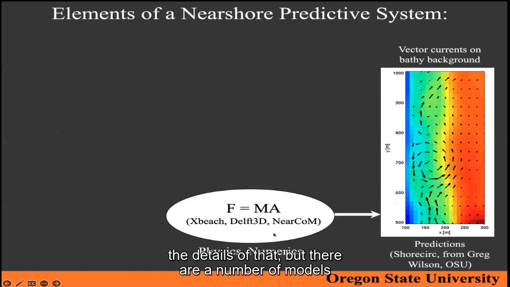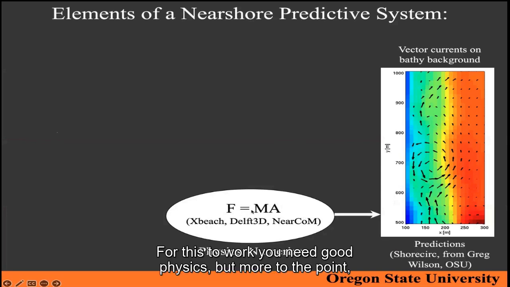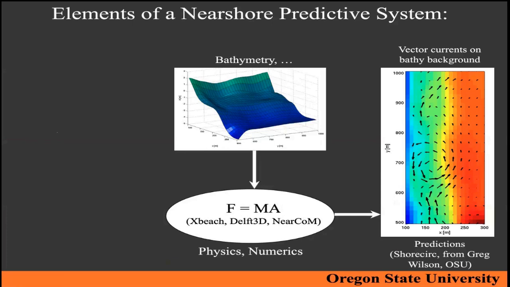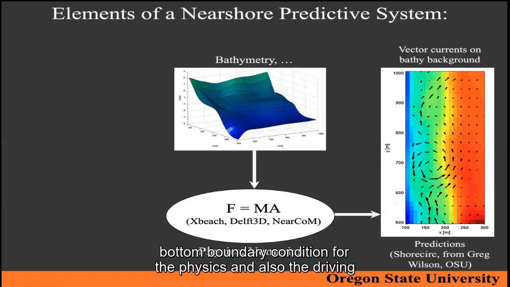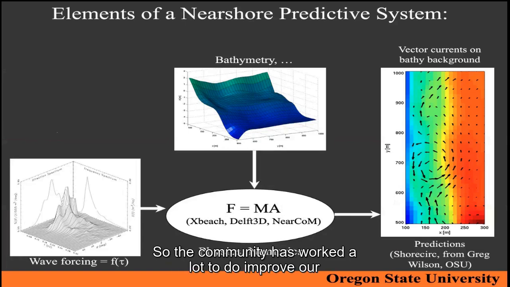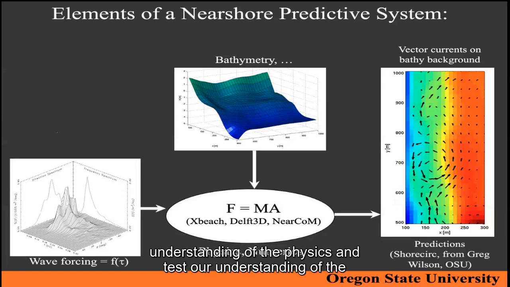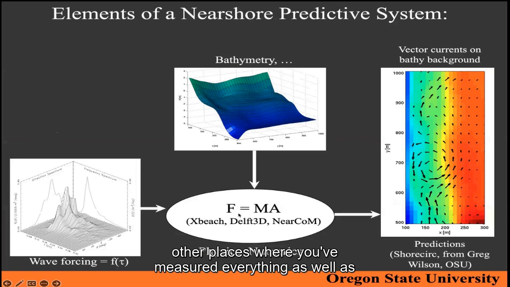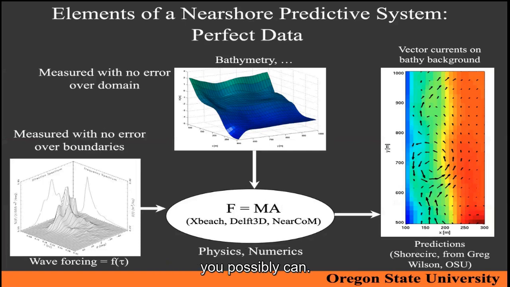I am not emphasizing the details of that, but there are a number of models available. For this to work, you need good physics, but more to the point right now, you need good boundary conditions. One of those, the key one, is the bathymetry. That's the bottom boundary condition for the physics, and also the driving conditions, which is the wave forcing along the boundary. So the community has worked a lot to improve our understanding of the physics and test our understanding of the physics, including a bunch of field experiments here and in other places where you've measured everything as well as you possibly can.